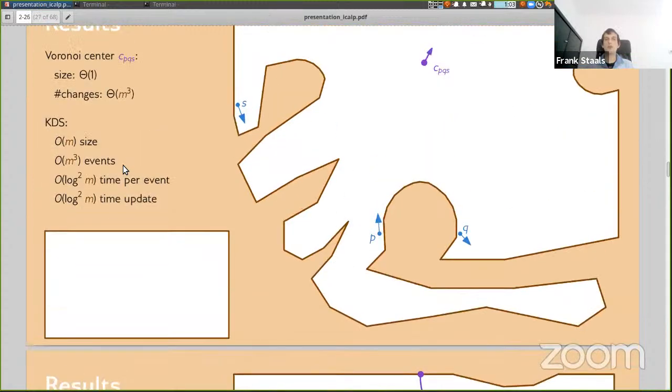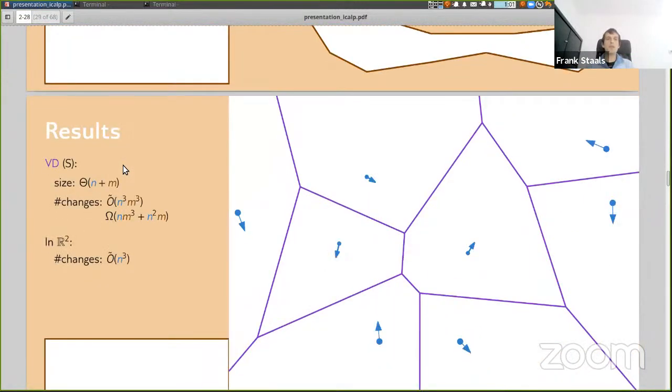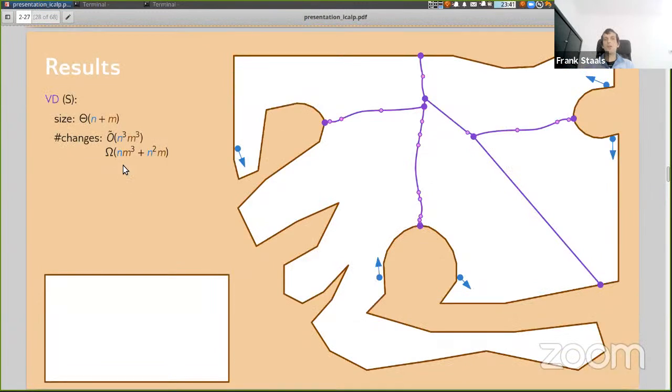Using those results, we also managed to give bounds on the number of changes in a Voronoi diagram of n such sites. There we have something like an n cubed, m cubed upper bound. This time it is not tight, but there is a much weaker lower bound, which is again cubic in the number of corners of the polygon, but only quadratic in the number of sites.